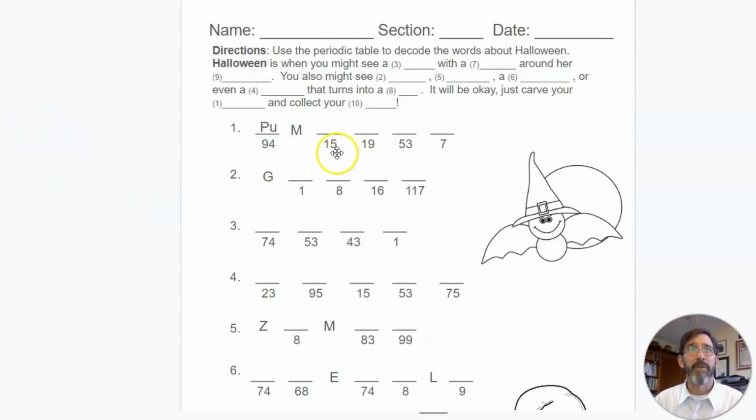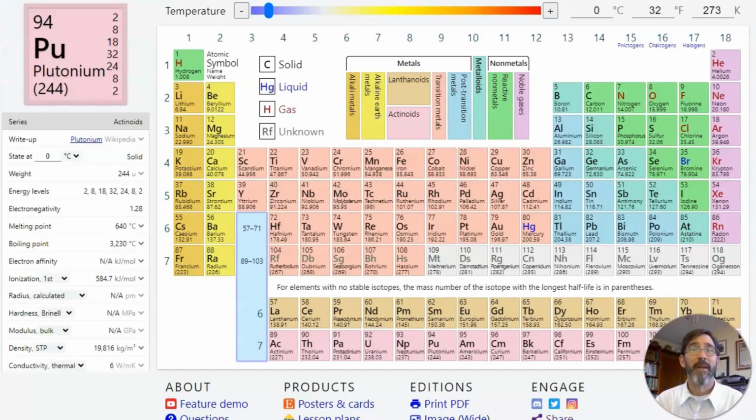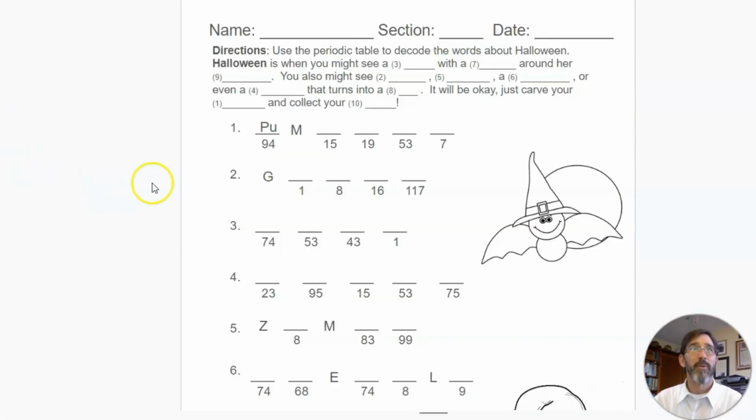Jumping to the next one, number 15. Let's take a look. On the periodic table, number 15 is phosphorus, a capital letter P. So where the 15 is, go ahead and place a capital letter P. Good job.